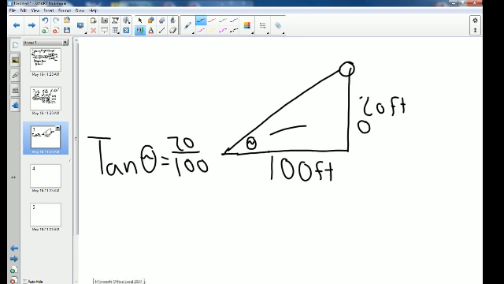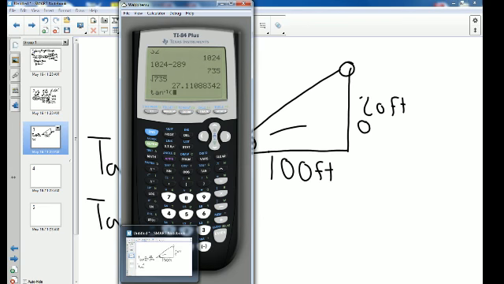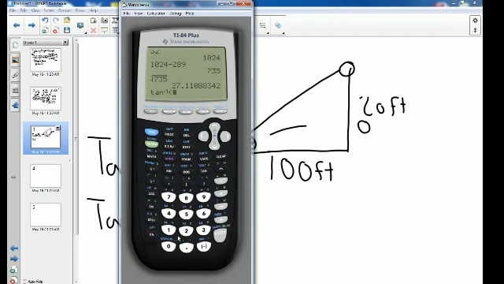So to find the delta, we're going to use tan negative one, which you can find on your calculator. It's right here, the tan button seconded. And then you're going to do 20 over 100.